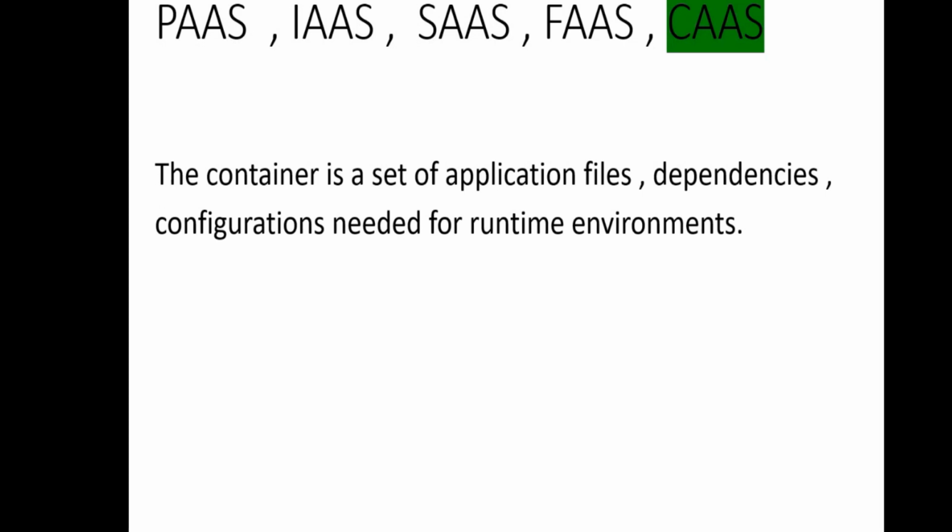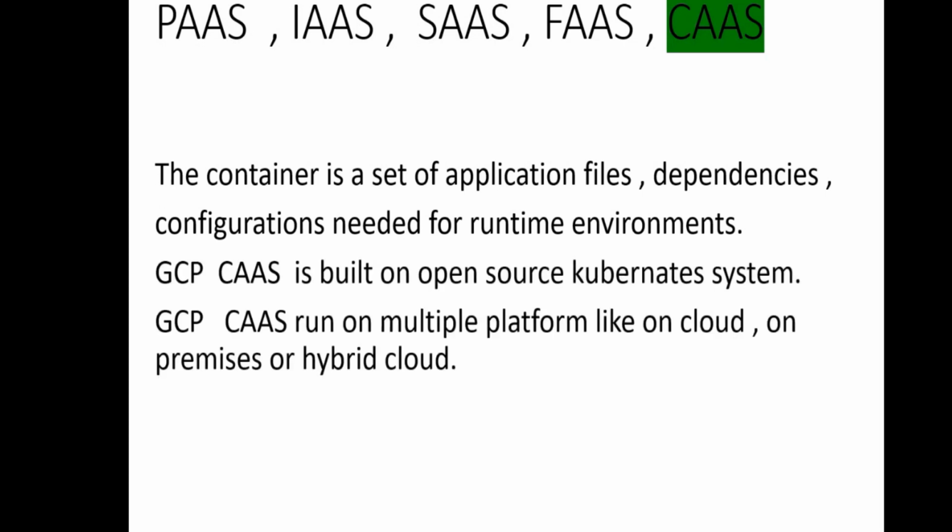What it is saying is that you can see here a container is a set of application files, dependencies, configuration needed for runtime environment. Just now I told you that we are moving towards containerized applications, cloud native applications. Cloud native means what?